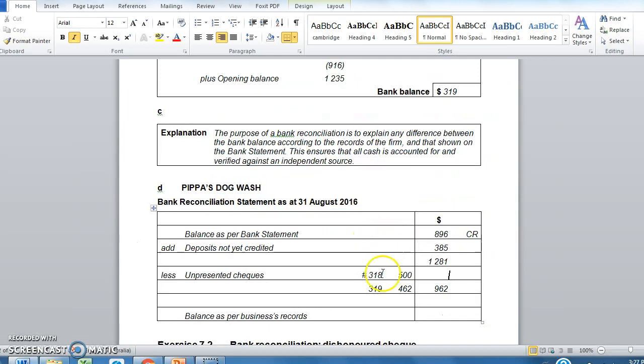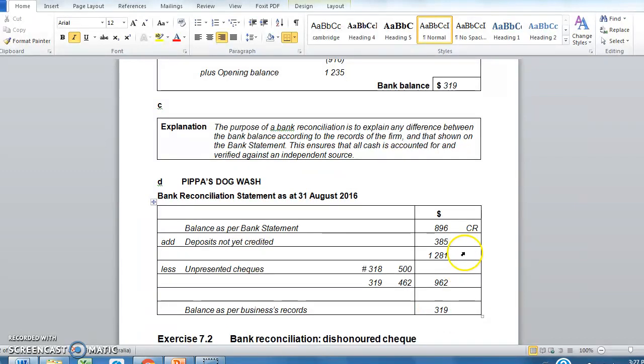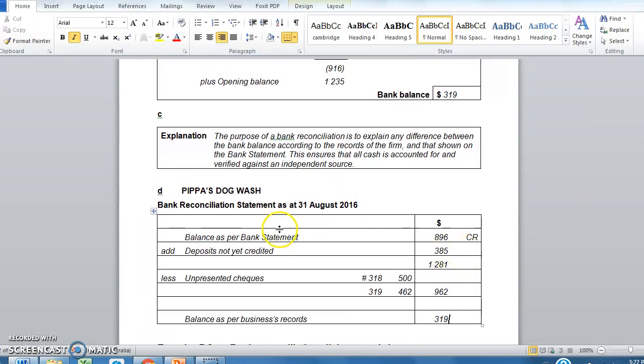So if we add those in, we've got 500 and 462 gives us the total of 962. So if we go our 1,281 minus our 962, that gives us 319, and we have completed our first bank reconciliation.